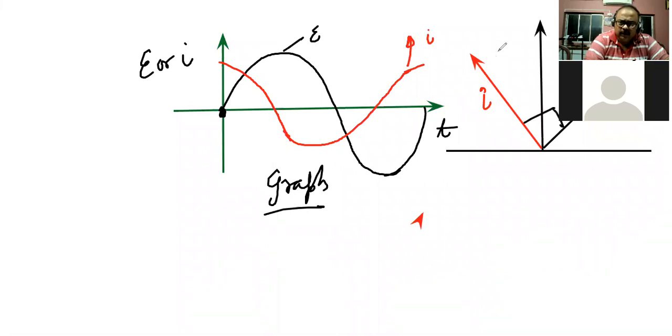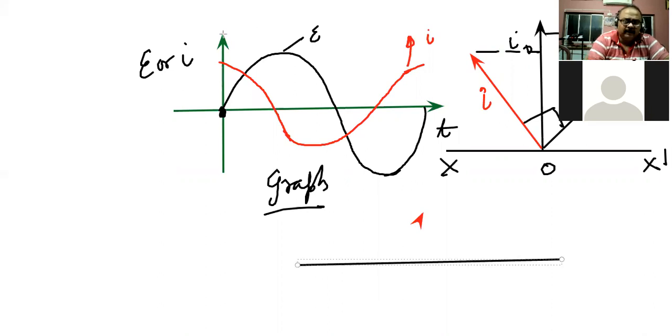You can also show it like this. This is your I naught, and this is the phasor relationship, X O X dash, suppose I write. So this is how it can be shown. You can also show the diagram this way. Suppose I take the I along X like this, you can also show that VC is something like this.